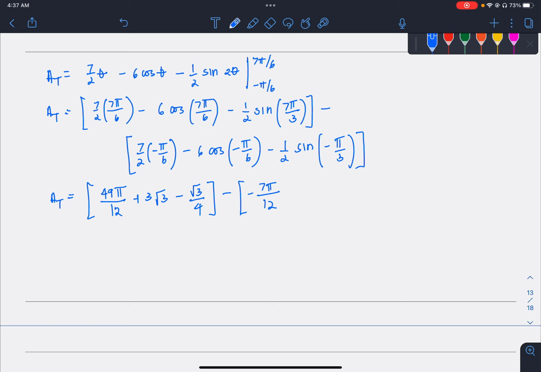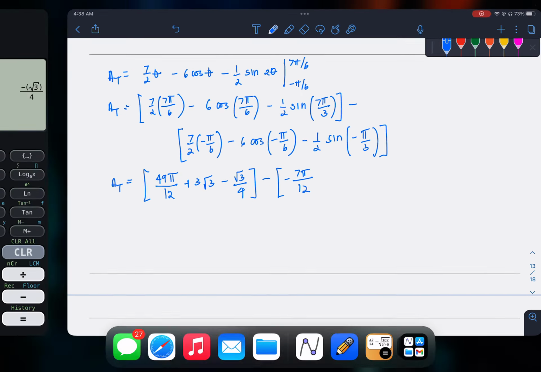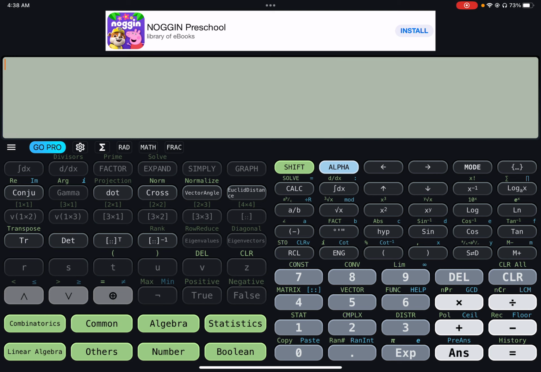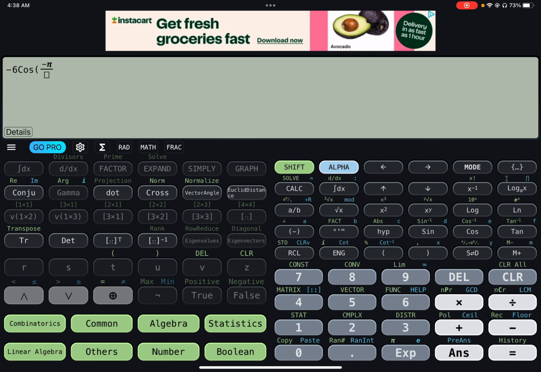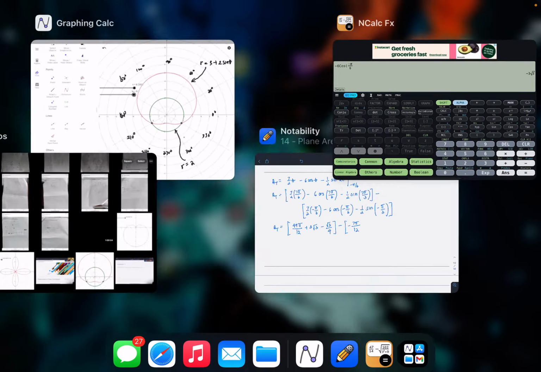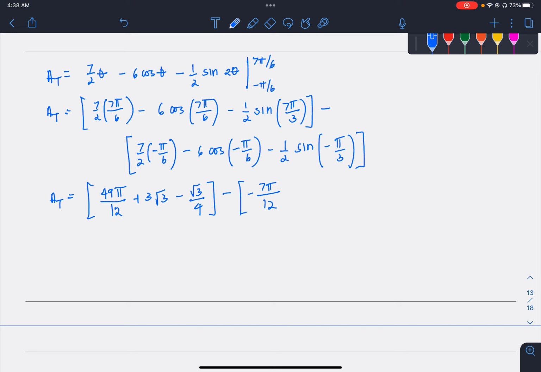And then we'll have negative 6 cosine of negative pi over 6. So the answer will be negative 3 square root of 3, so minus 3 square root of 3.